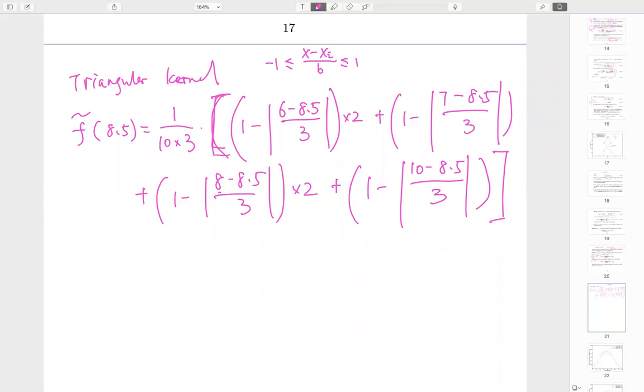Okay, please compute f at 11.5. It was the same, 1 over 10 times b, and then we need to figure out all the points.